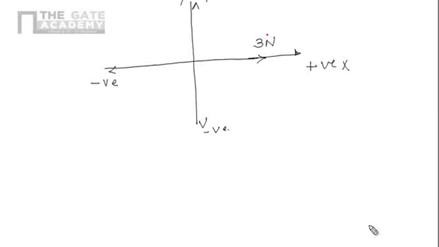Similarly, the y component is acting in negative y, so here it is 5 Newton because it is acting in the negative direction. Similarly, the resultant will act in the negative x direction here. That is 2 Newton. So this one is 2 Newton here.